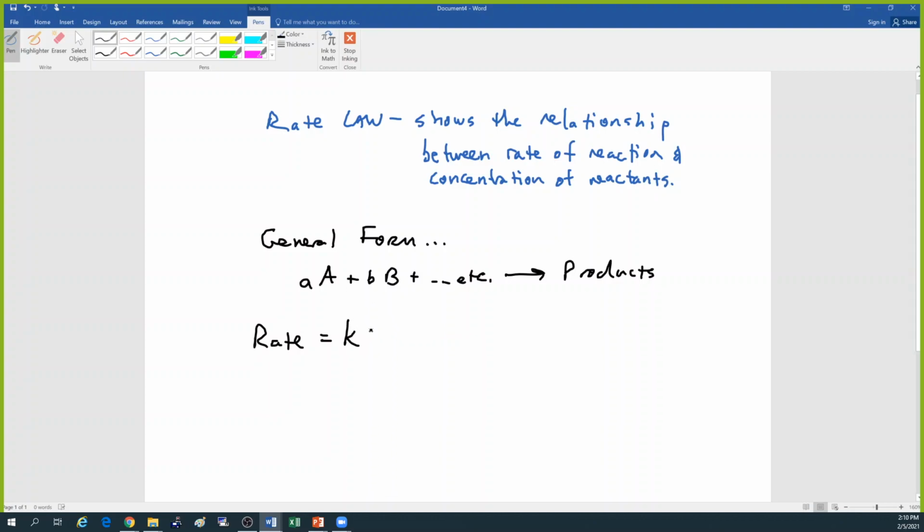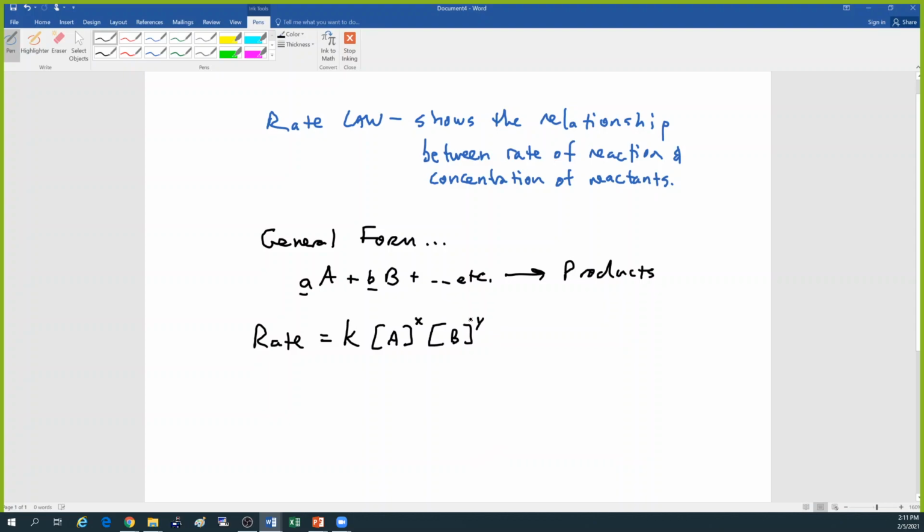And for every reactant, you're going to put in a term in which you put the concentration raised to some power x and then some power y, etc. Now here this is critically important. When we do equilibrium constants, the coefficients give us those exponents. But when we do rate laws, that's not necessarily the case.